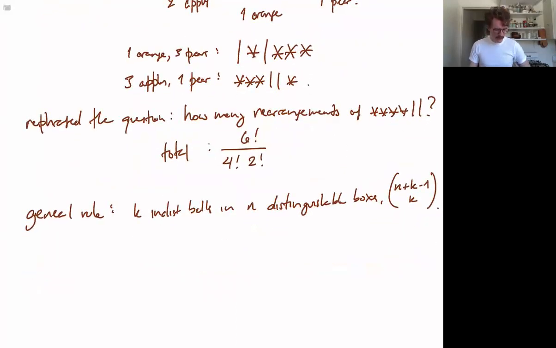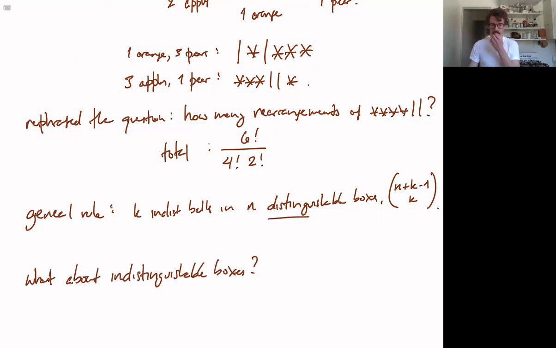So finally, what about indistinguishable boxes? So we've gone over the 2 cases where you have distinguishable boxes. What if you have indistinguishable boxes? So I have not prepared any examples of this because you're basically screwed. So in these cases, there are not such good strategies.